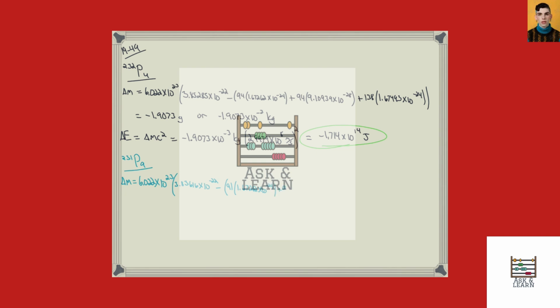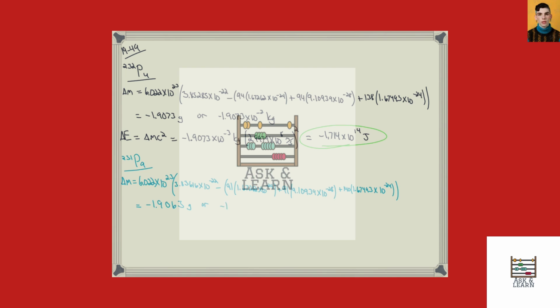1.67262 times 10 to the negative 24, plus the number of electrons, 91 also, multiplied by the mass of an electron, 9.10939 times 10 to the negative 28 grams, plus the number of neutrons, which will be the mass number minus the atomic number, gives us 140 neutrons, multiplied by its mass of 1.67493 times 10 to the negative 24.